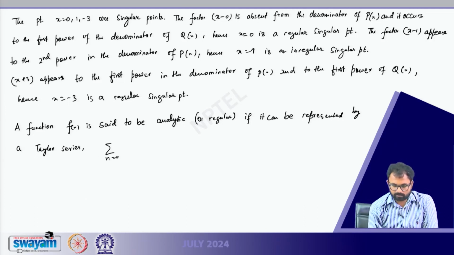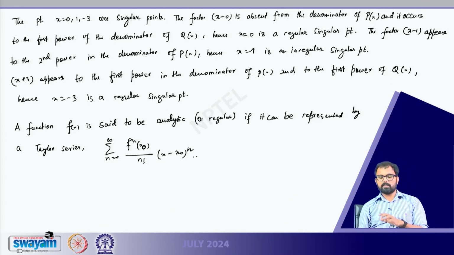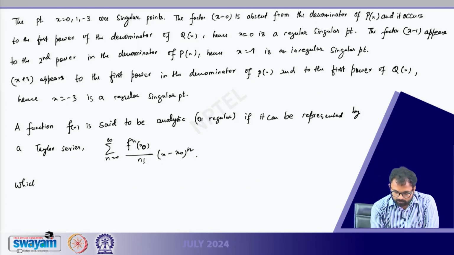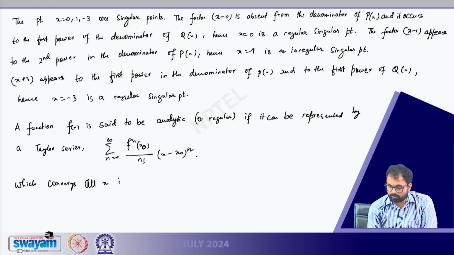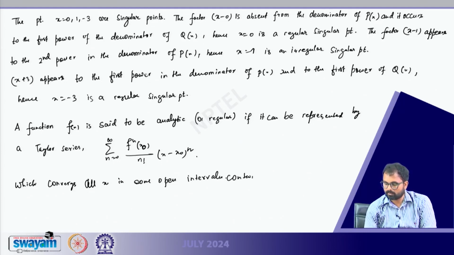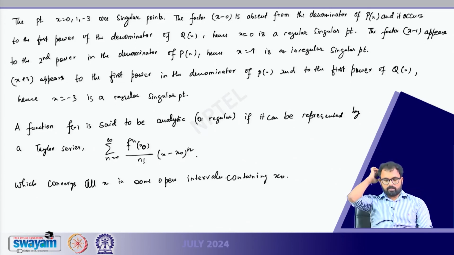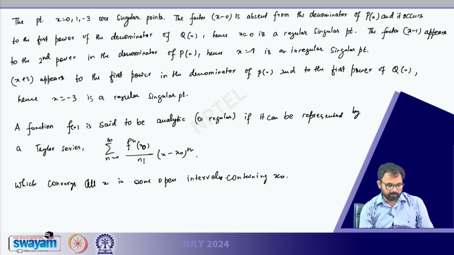summation running from 0 to infinity f^n(x0) divided by factorial n times (x minus x0) whole to the power n, which converges for all x in some open interval, of course containing x0, right.